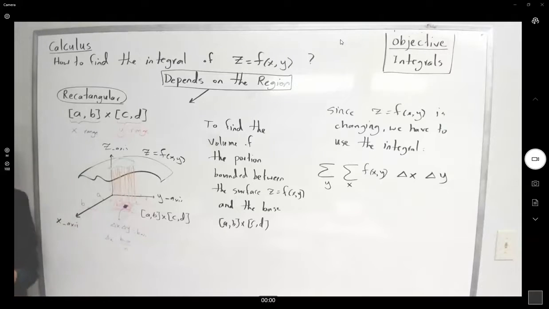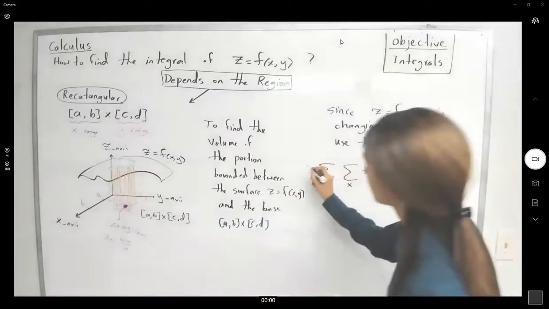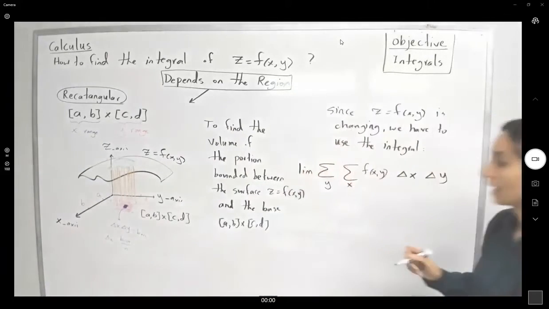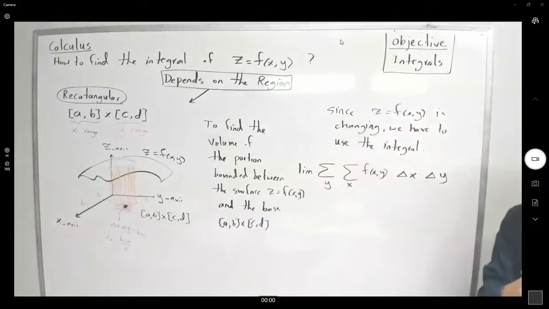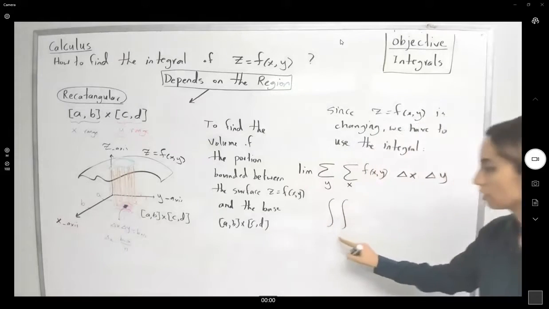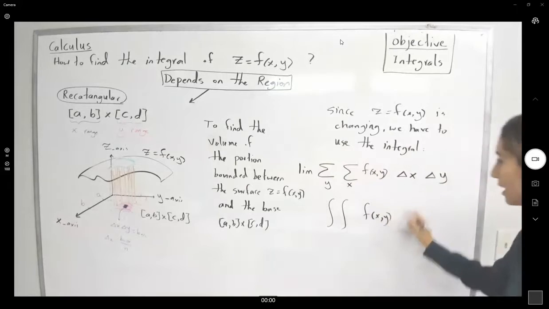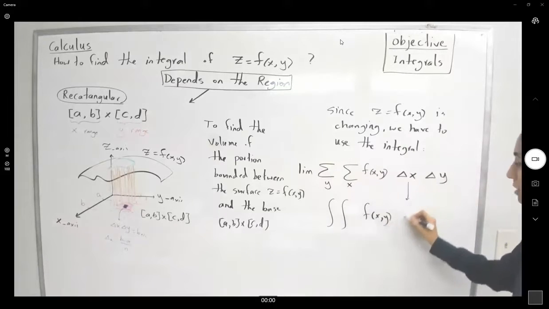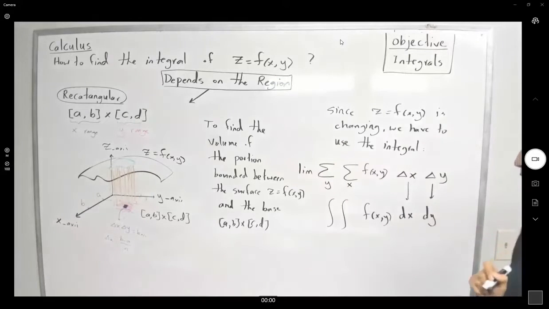The same definition for delta y. This Riemann sum, as n approaches infinity, is now defined as the double integral of the function, and delta x becomes dx, delta y becomes dy.